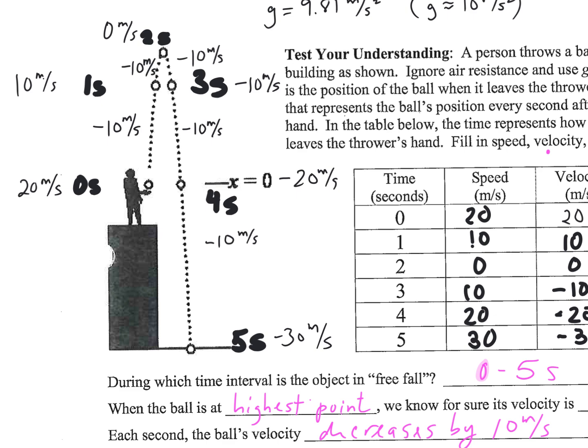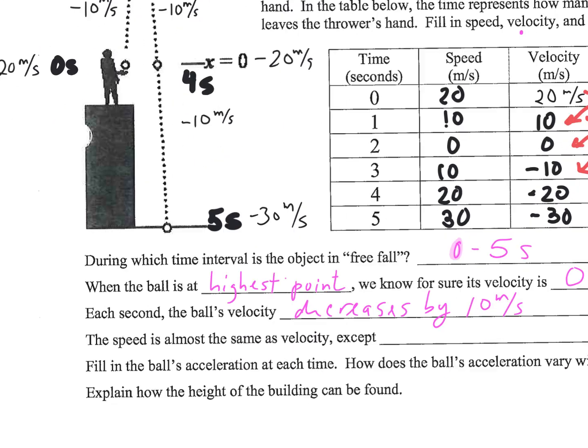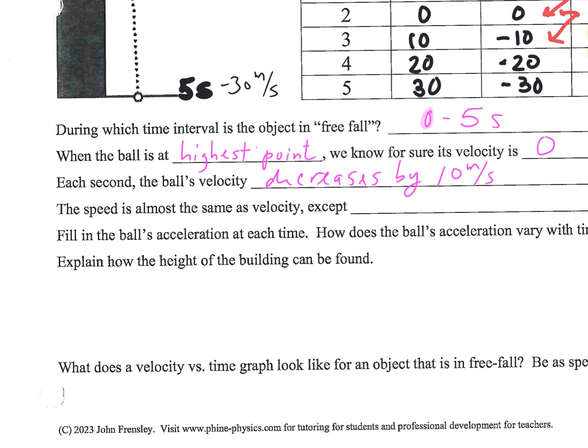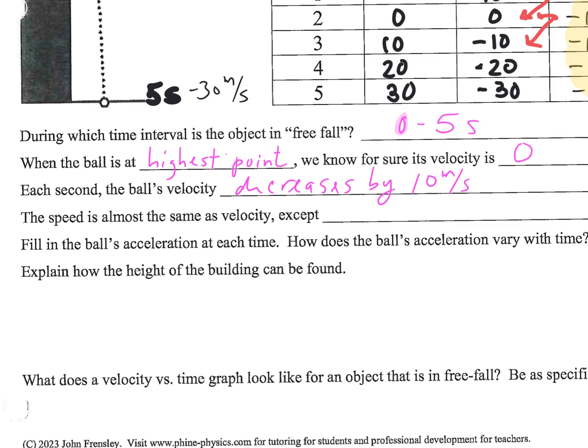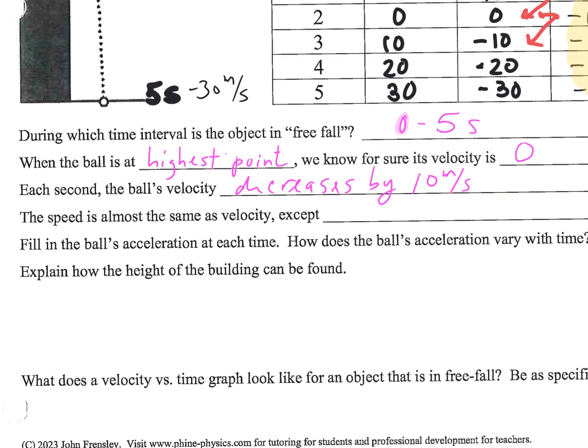So don't be fooled by that. Speed is almost the same as velocity except for what? Yeah, without the sign, right? What does the sign indicate? On velocity, the sign indicates its direction.